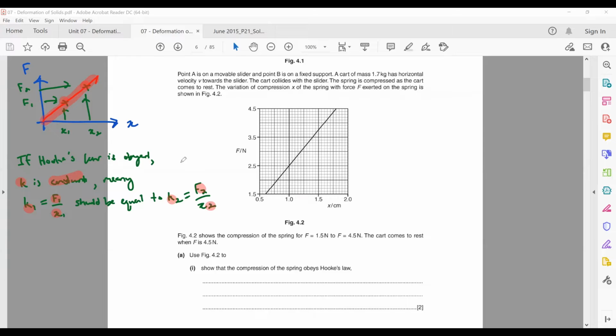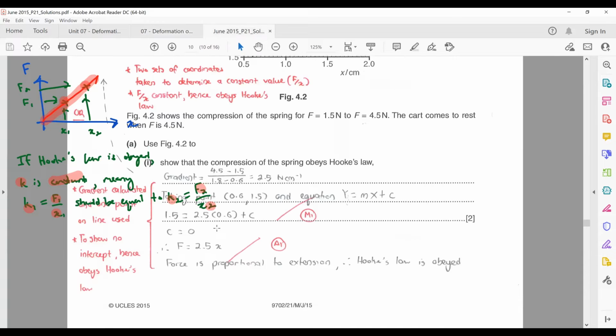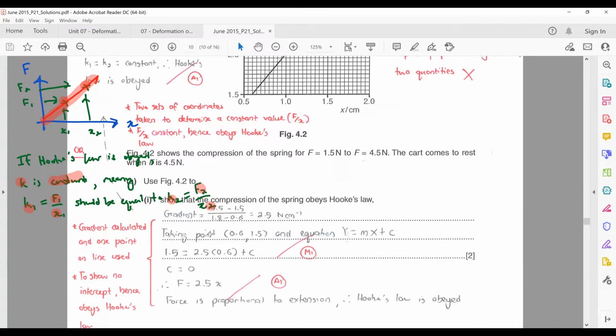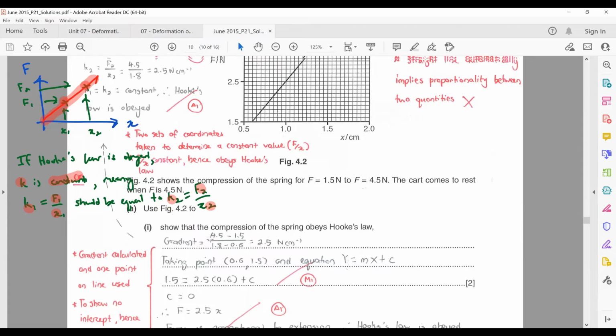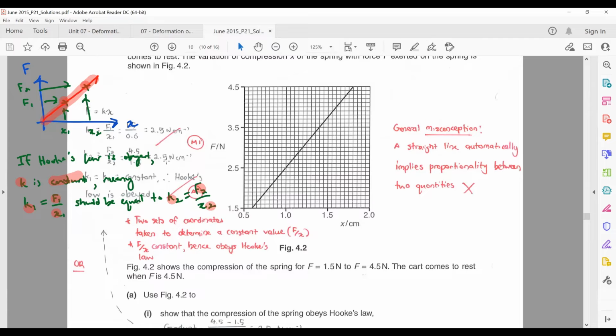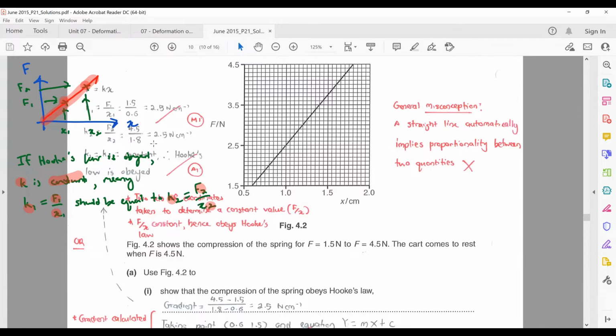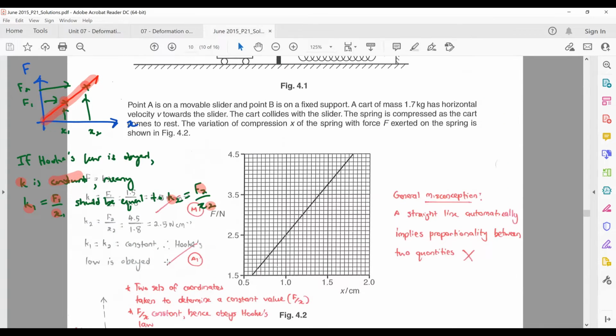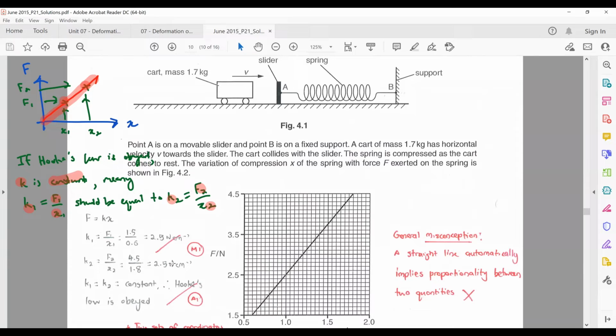So if you want to prove that this thing obeys Hooke's law, you can actually try to find the spring constants at the different points, which is actually this part here. This is the other working. This is the second working.